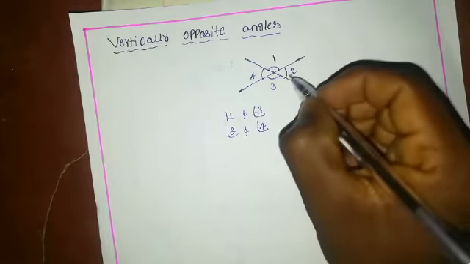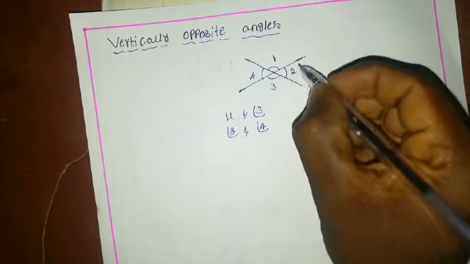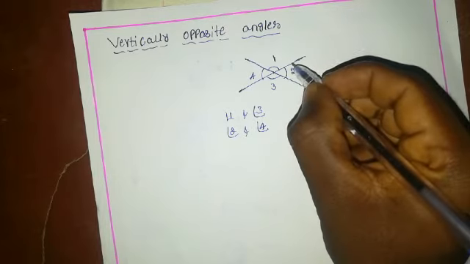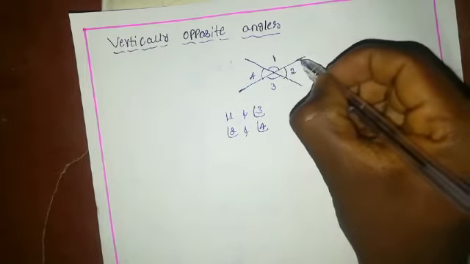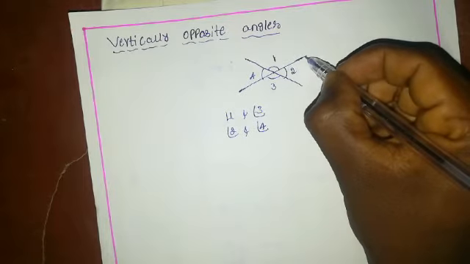And then if two lines intersect, the vertically opposite angles formed are equal. This is line 1, whatever it is, lines or pencils or whatever it is, we call it a line.